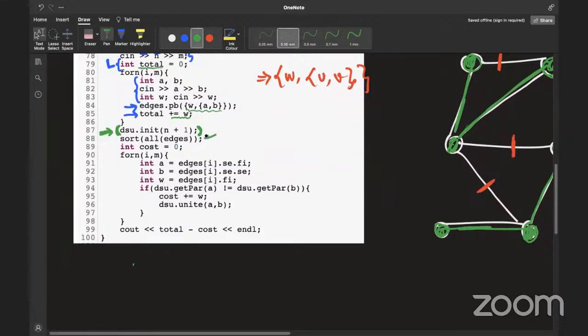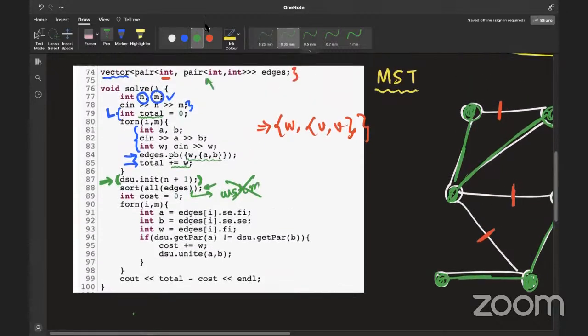I sort the edges, and as I haven't written any custom comparator here, the edges would be sorted by weight because weight is the first component. If the weight is the same, then we'll see the next components, but for our use case, the only thing we care about is that it sorts these edges by weight, and it does because W is the first element in this struct.